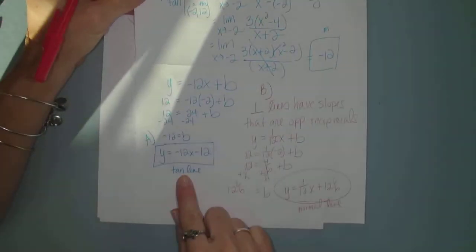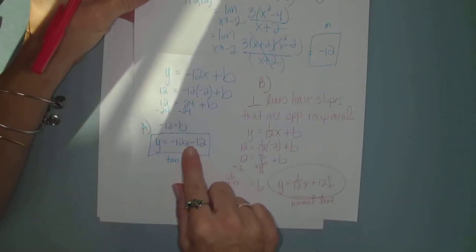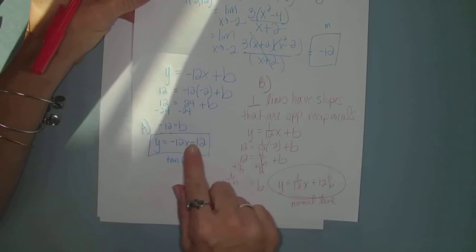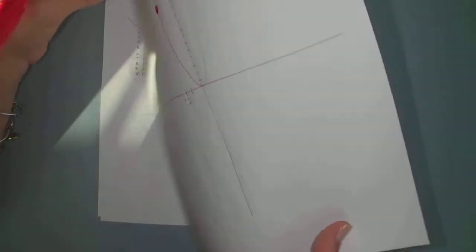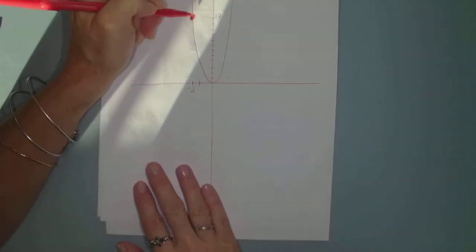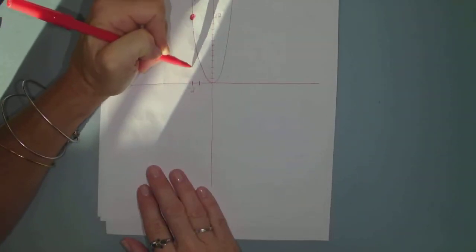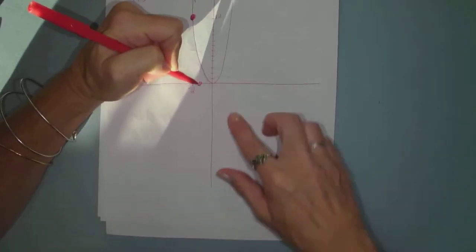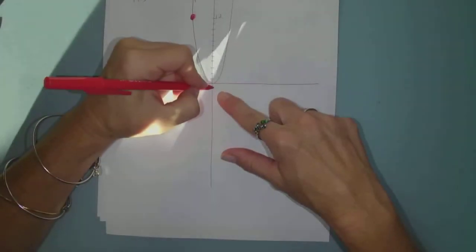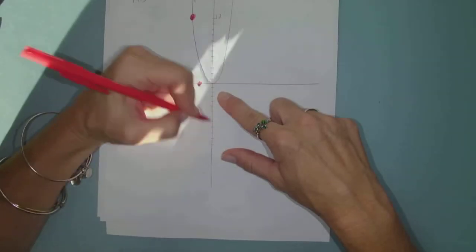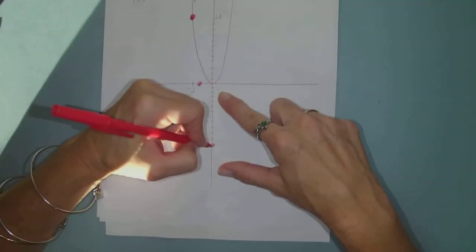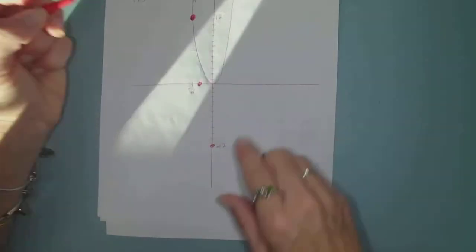Well, my tangent line has a y-intercept of -12 and a slope of -12. If I go from this point, I come down 12 and right 1, and then down 12 again and right 1, and you can see my y-intercept is -12.